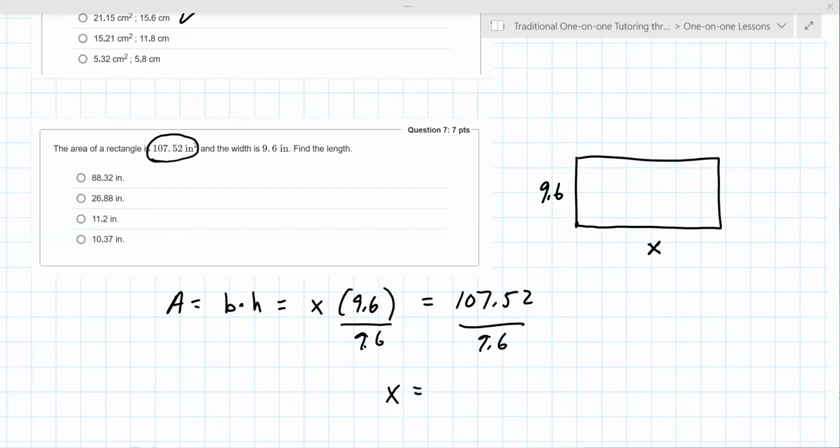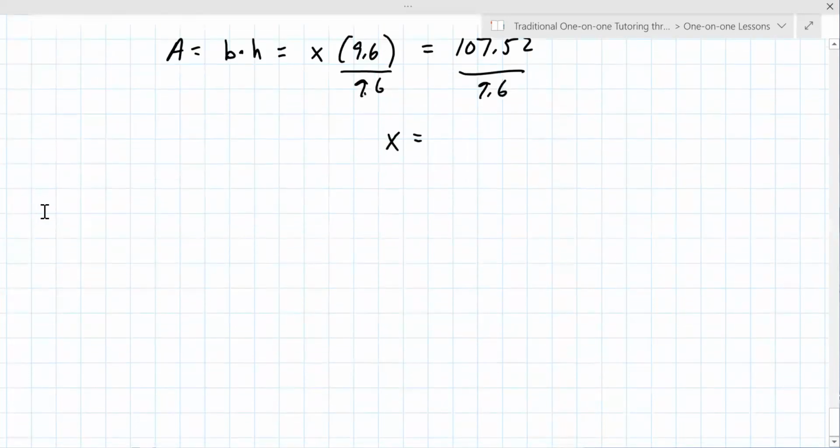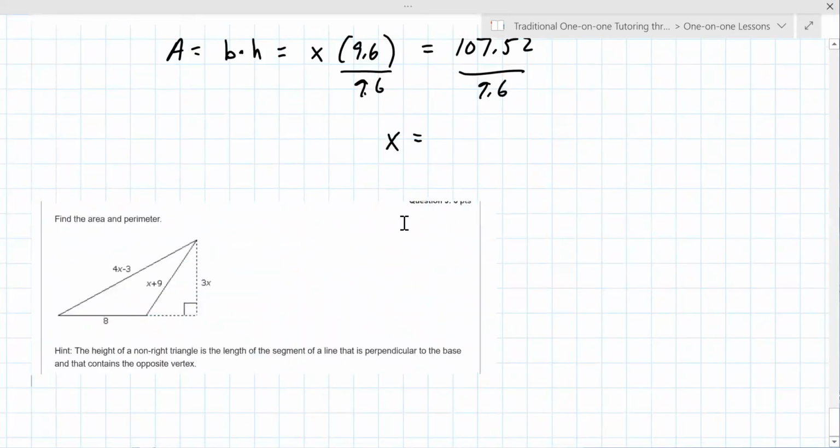All right, so for the next one, it's a triangle. So for the perimeter of the triangle, it's the three sides. So we'll say x plus y plus z. Add up three sides. So this is a side, this is a side, and this is a side.